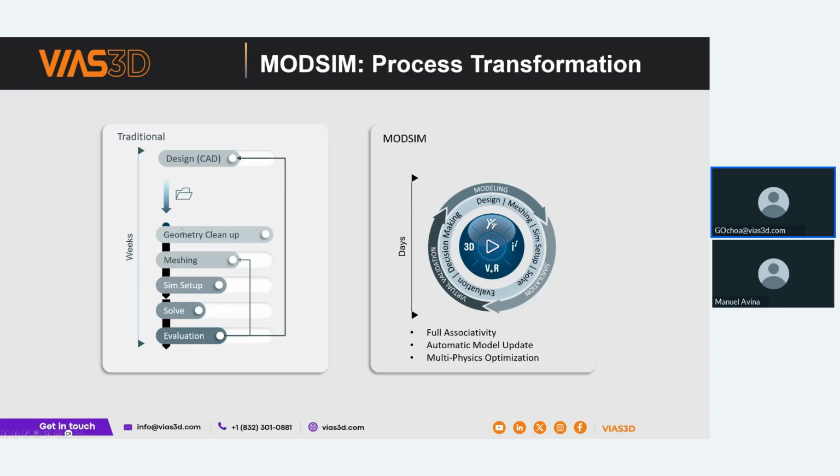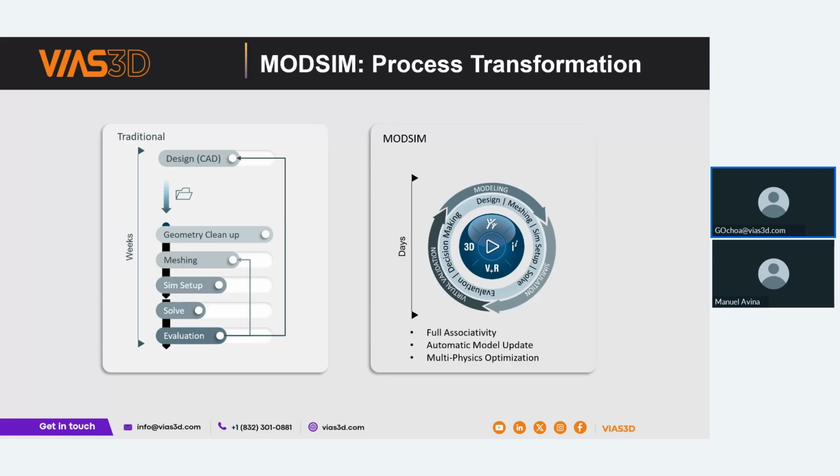So everything is based on files. And what's different with MODSIM, and I'm going to be illustrating this in the upcoming slides, but basically with MODSIM, we're using the 3DEXPERIENCE platform as the enabler to connect all these steps during the workflow. As I said previously, using a common data model, that is, all the users involved in this workflow are going to be using the same data. We're not talking about files, we're talking about data.